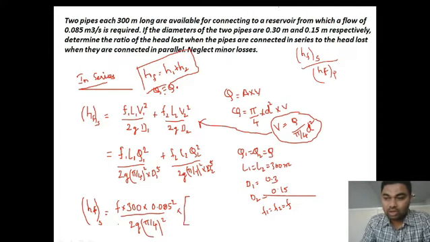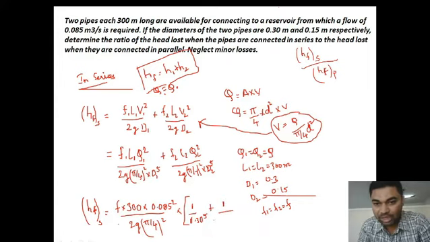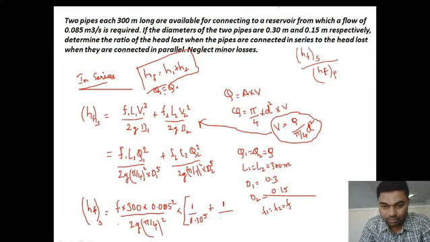Then 1 by what is the diameter of pipe 1? 0.30 whole to the power of 5, plus 1 by what is the diameter of pipe 2? 0.15 whole to the power of 5.